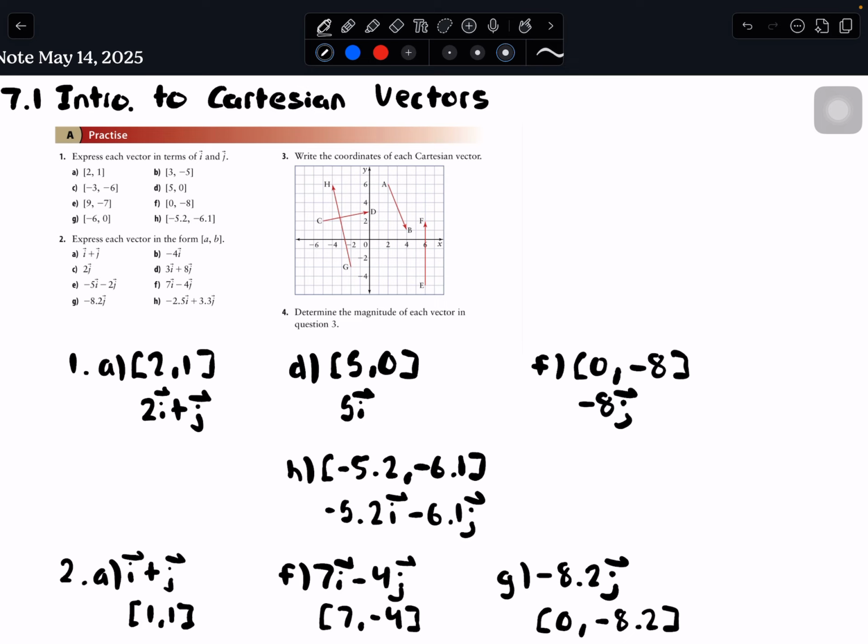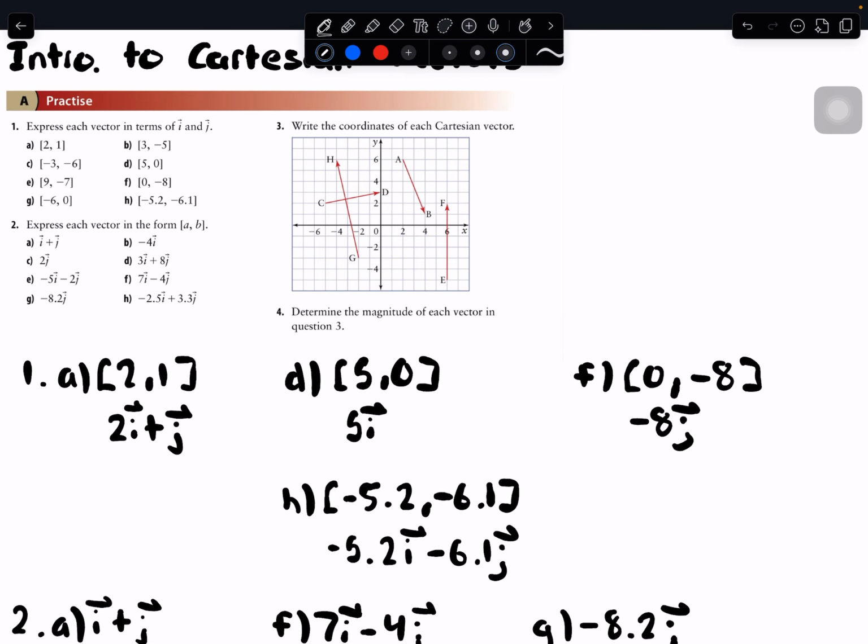So that's the whole idea. So for this question 3, we're pretty much going to be translating a lot of these vectors down to the origin, or the tails at the origin. So AB will go here, maybe somewhere, and all the other ones in their respective positions. EF will go here, not to scale, obviously, but you get the idea.